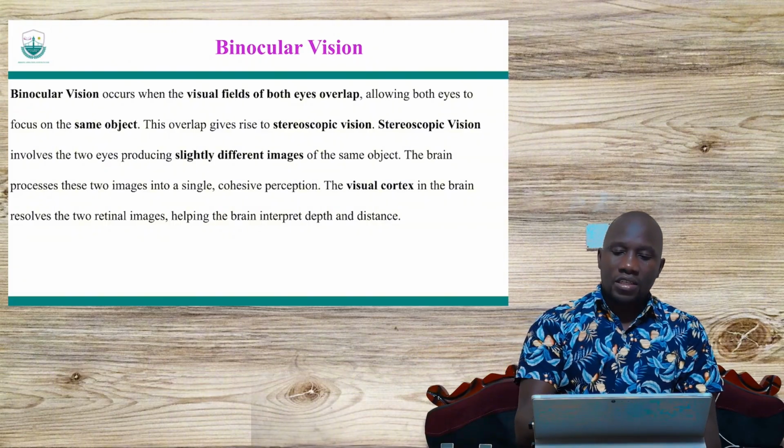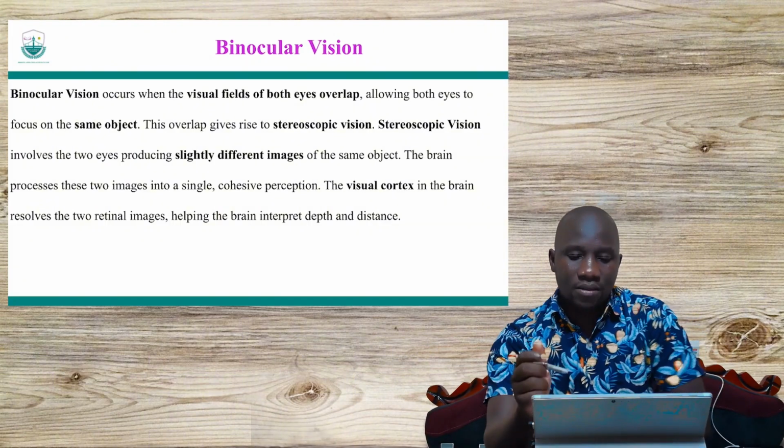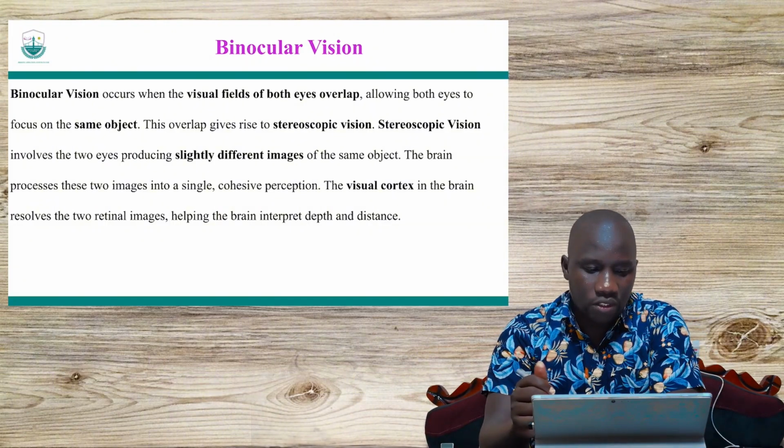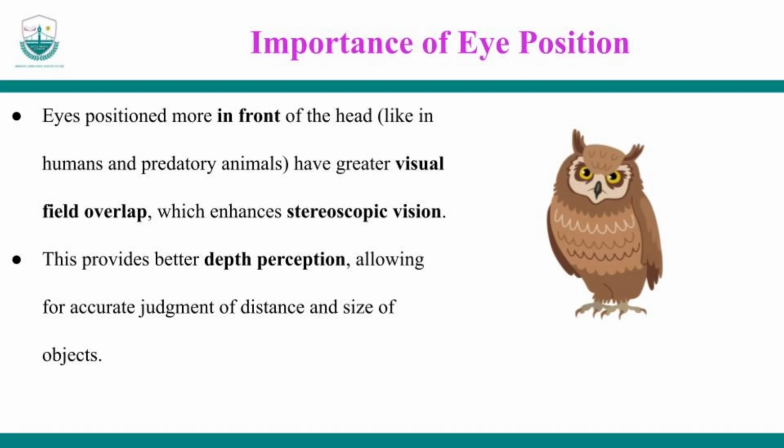That interpretation occurs in the visual cortex of the brain. The visual cortex helps in resolving the two retinal images so that you can understand the extent of distance and also the depth.